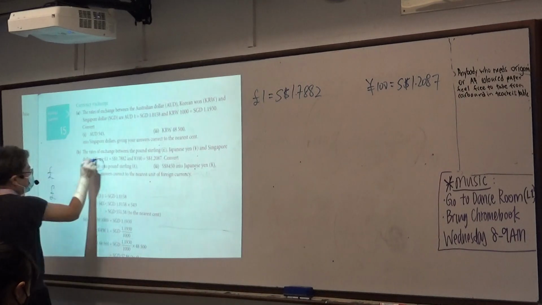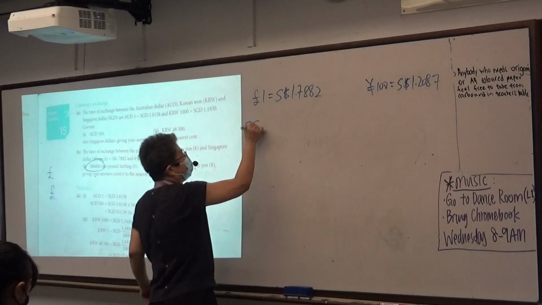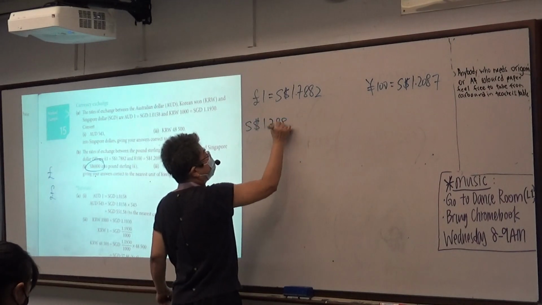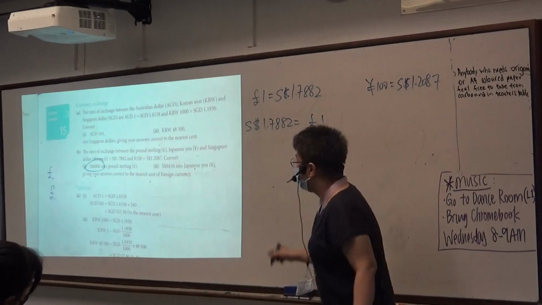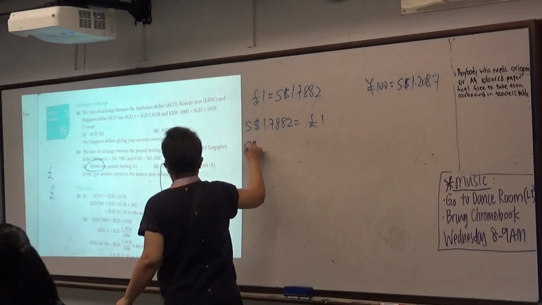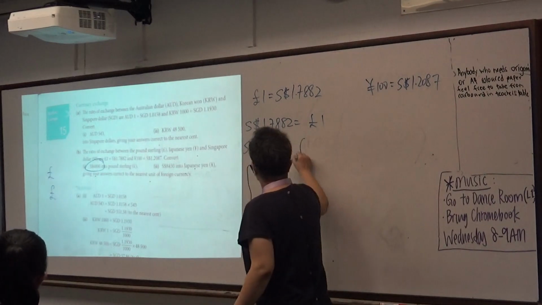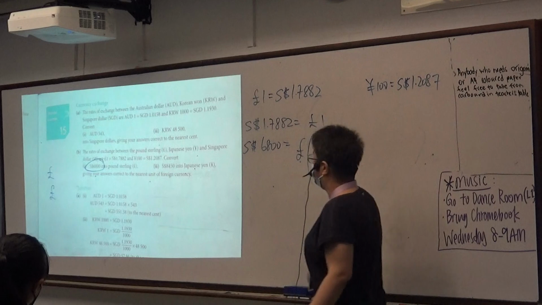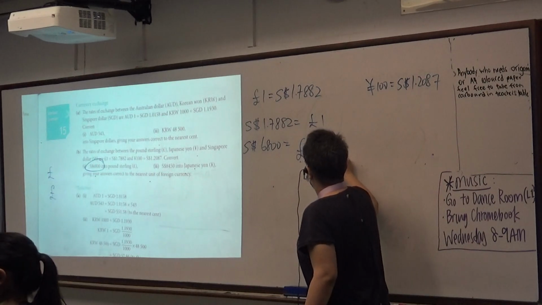Let's take a look at the first part. They want to convert this amount of Singapore dollar to pound sterling. So I must write like that. Then I convert how much Singapore dollar? 6,800, right? So how do I write the pound sterling? 1 over what? 1.7882, right?